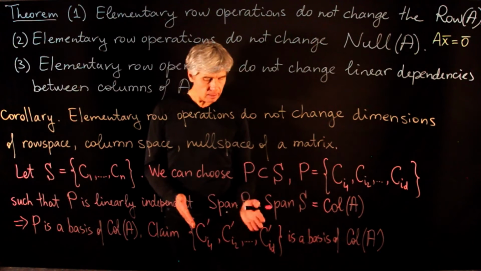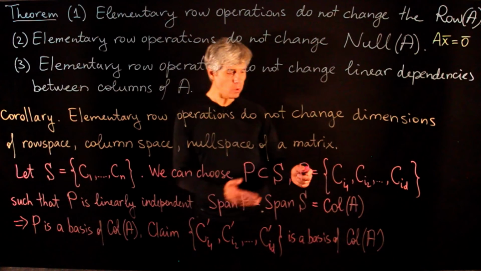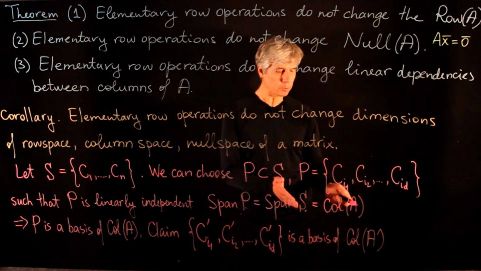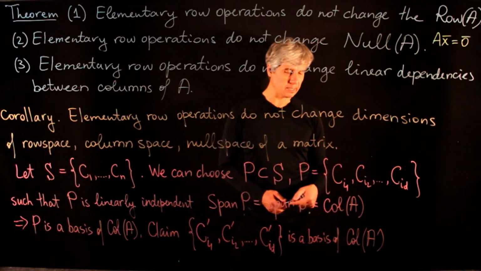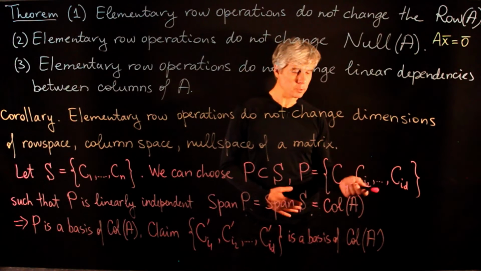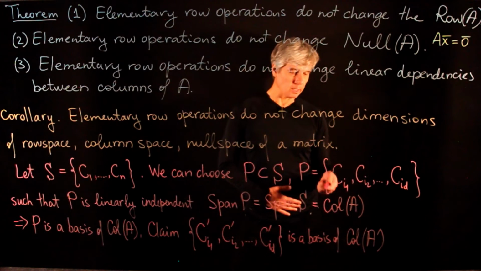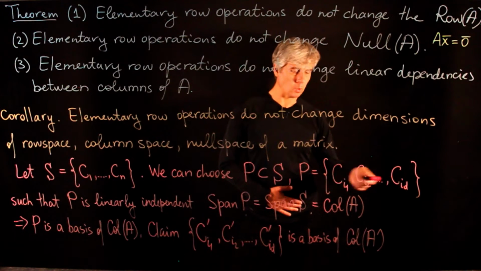And then, because P spans the column space, every vector in the column space is a linear combination of these columns, right?